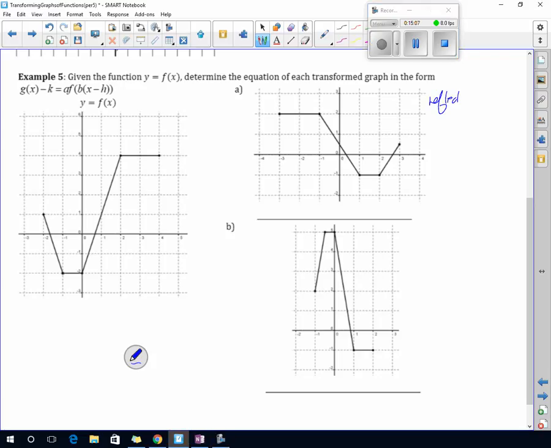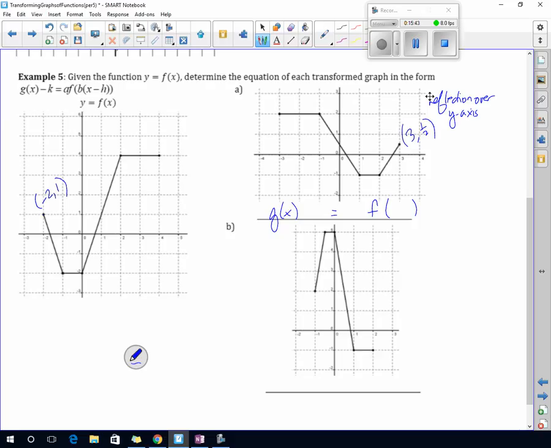Okay, so what you need to do before you make a decision, because this is going to be g of x, something f of x, you got to compare. For instance, this point is negative 2, 1. Because it got reflected, you're now comparing this to 3, 1. You're going to compare this one, which is negative 1, negative 2, to this one, which is 2, negative 1.